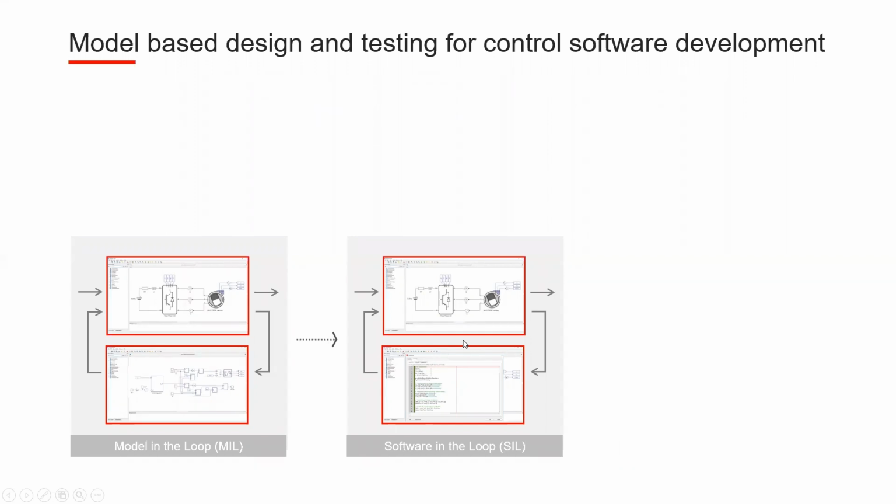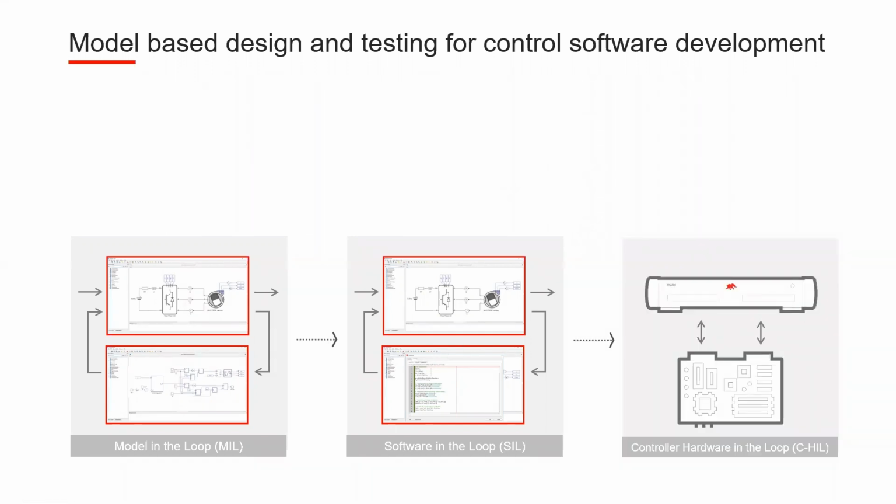And then finally, what we have is the controller hardware in the loop, which we will focus on the most in this presentation. So what is controller hardware in the loop? It's where the controller hardware is actually in the loop with a real-time simulator of the power stage.